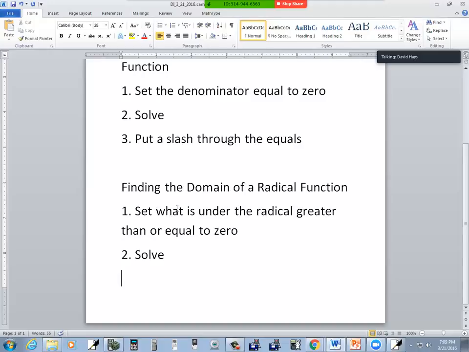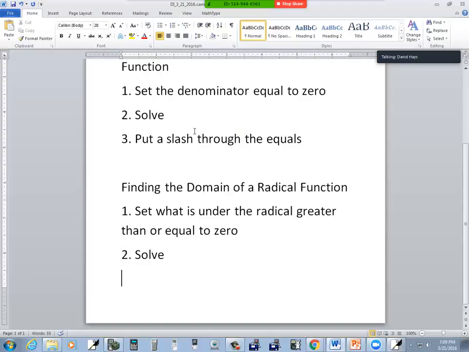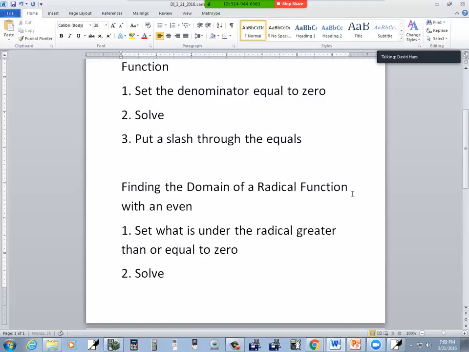Now I don't have any problems picked out of the book on this, but these I can make up. Let's say we have f of x is equal to the square root of 3x minus 1. And the instructions say to find the domain. Actually, this is the domain of a radical function with an even index.